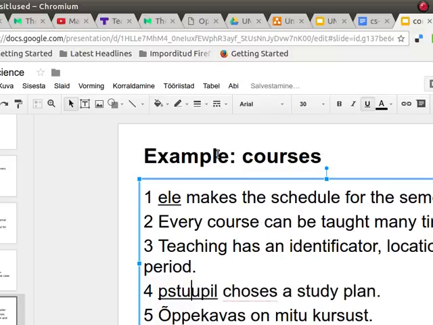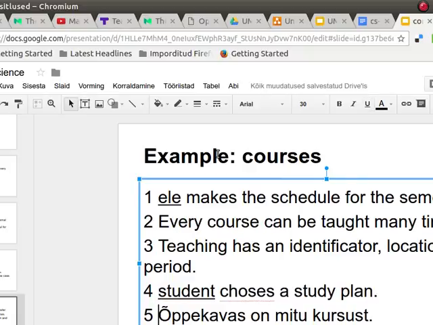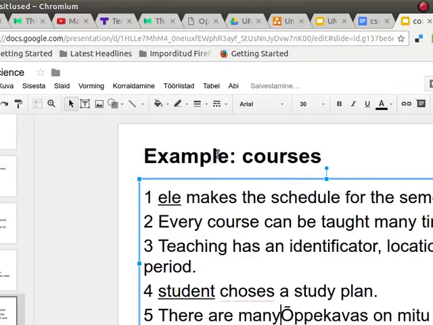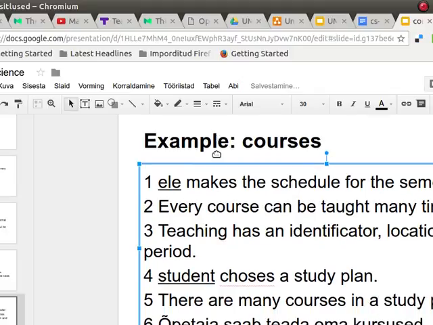Okay, let's create student study plan. I don't know what plans a pupil has. Cannot choose anything usually. So the fifth use case, there are many courses in a study plan.